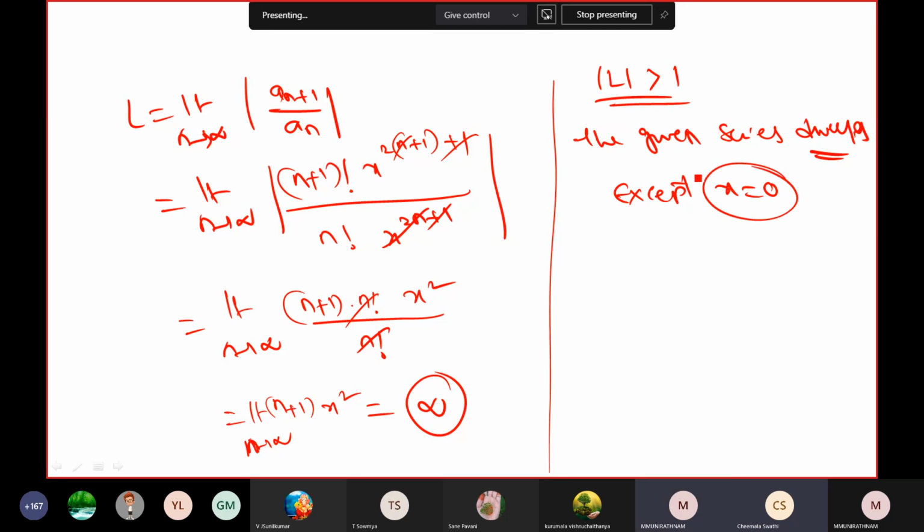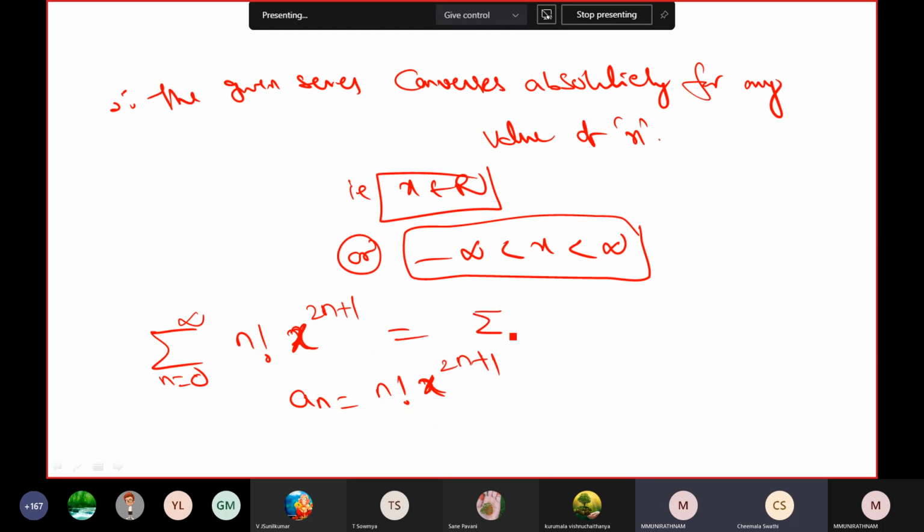x 0 అయితే ఏమవుతుందంటే చూడండి. x 0 అయితే ఏమవుతుందమ్మా? ఇక్కడ test fails. x 0 అయితే 0 అవుతుంది. అర్థమవుతుందా? ఇక్కడ 0 పెట్టాం అనుకో అమ్మా, n factorial into 0 power 2n plus 1. 0 power anything is 0, 0 into anything is 0.